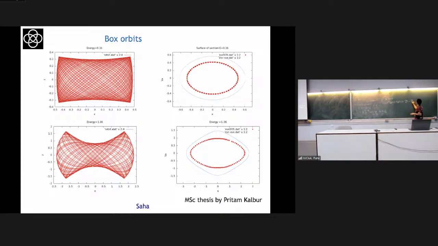Then the expansion goes into z, plus half into x squared. There will be terms of higher order, and there will also be mixed terms. Is it clear?